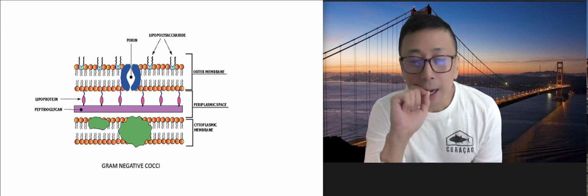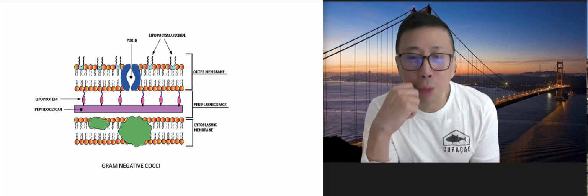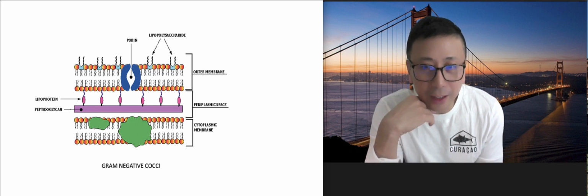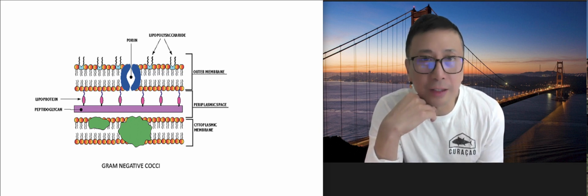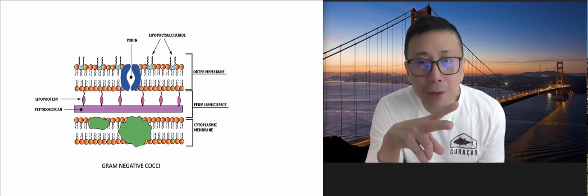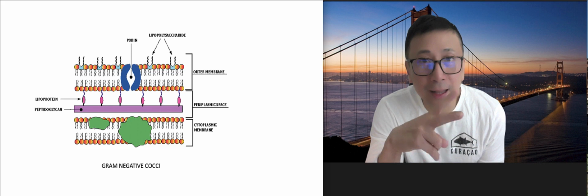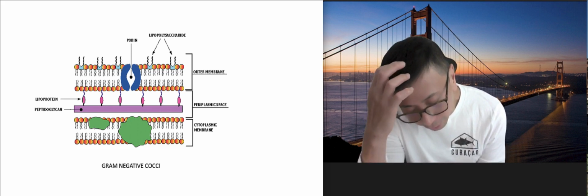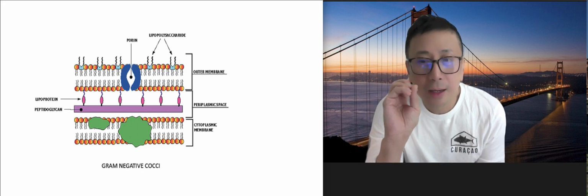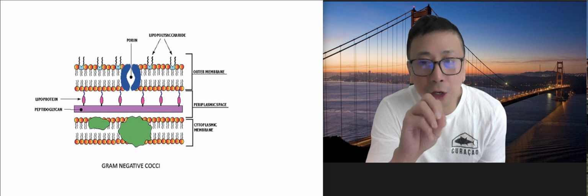So what is the implication for us as nurses when you think about your gram-positive cocci? Sometimes there is what we call the beta lactamase. The beta-lactamase comes from the bacteria.